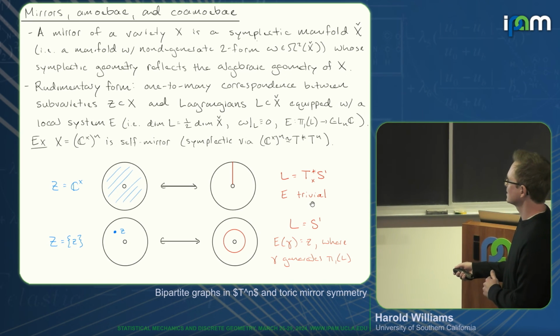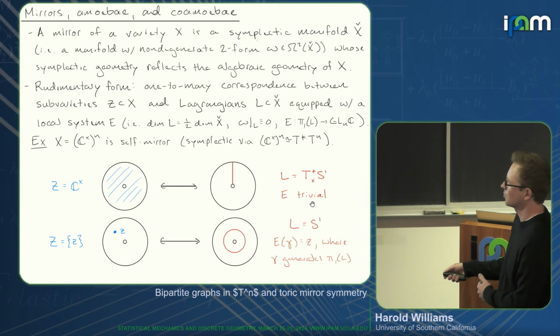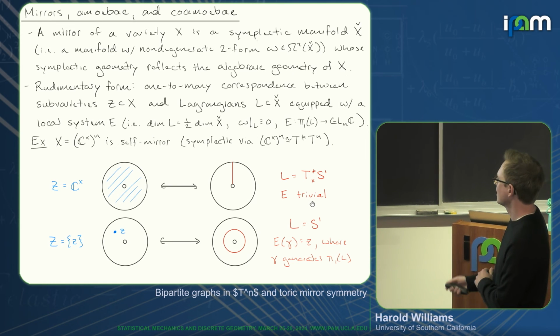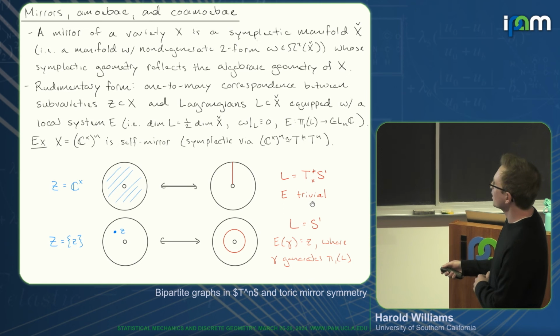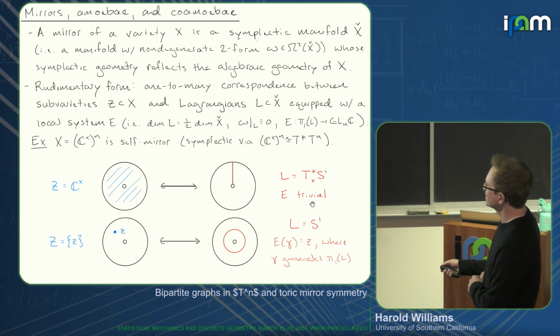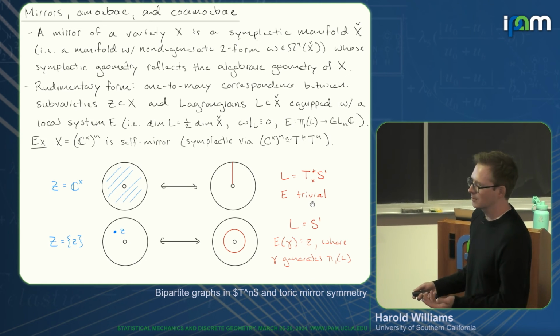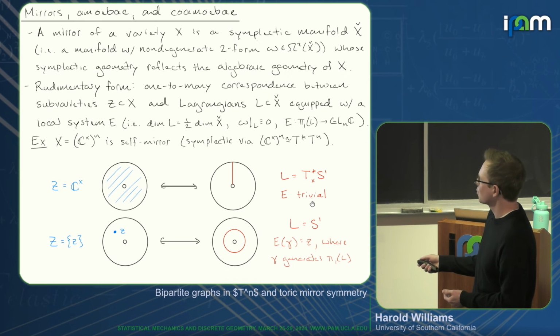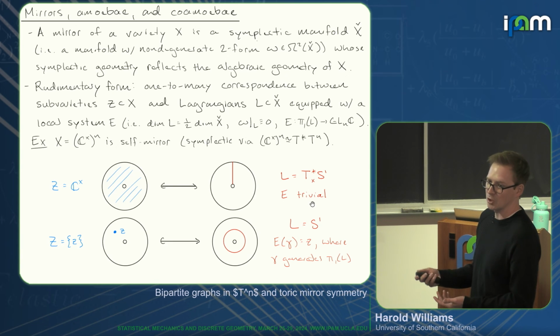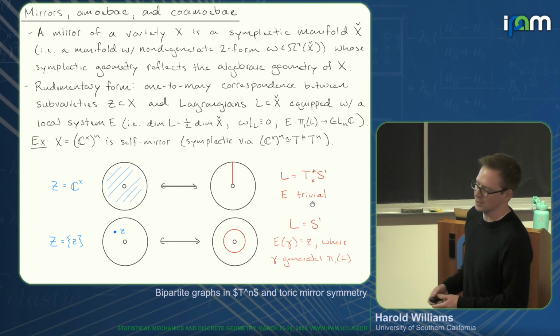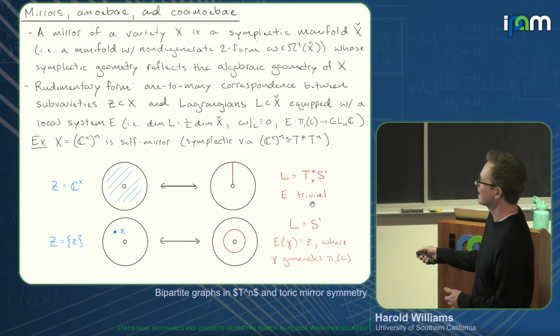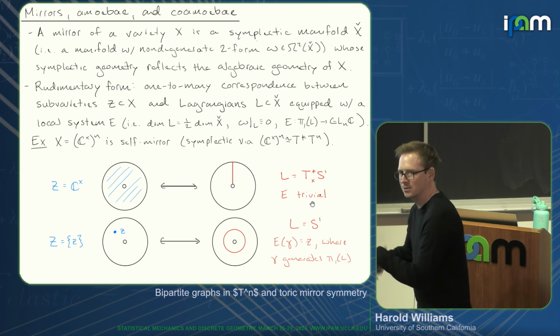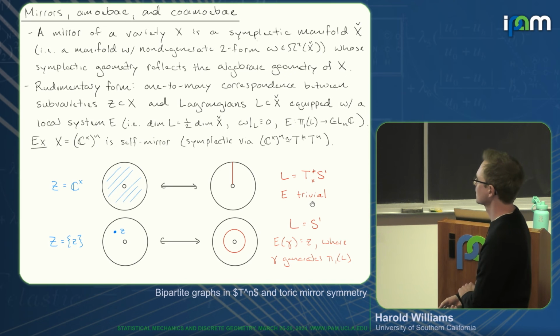Under this correspondence, that's what corresponds to the whole thing of C star. And this is one-to-many, because this choice of point here actually doesn't matter. More generally, if I have a Lagrangian which corresponds to some subvariety, and I flow this by a Hamiltonian isotopy, that won't change the correspondence. So I have the flexibility of Hamiltonian isotopies on this symplectic side.